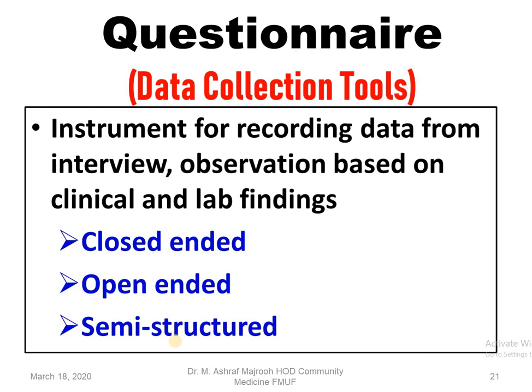The questionnaire is an essential component that must be produced at the time of submission of the research proposal. It is the instrument for recording the data from interview, observation based on clinical and lab findings. The questionnaire is not always presented, but the interviewer can use it, and it may be used for the recording of observation.